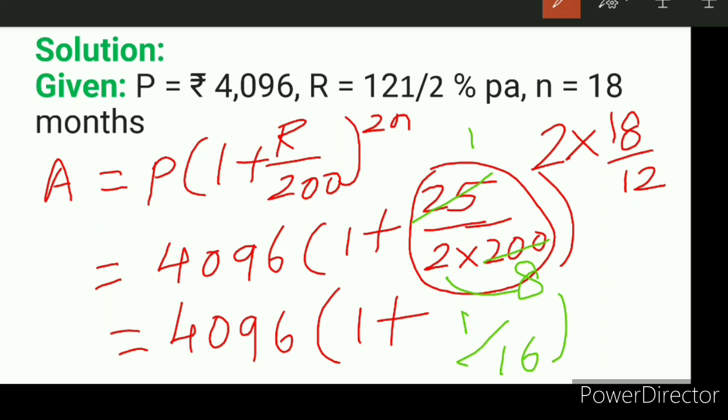We should reduce this exponent: 2 one time in 12, 6 times; 6 in 18, 3 times. So what is remaining in the power? 3. So 4096 into 1 plus 1 by 16 whole to the power 3.